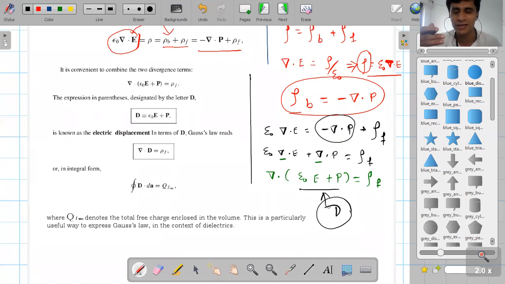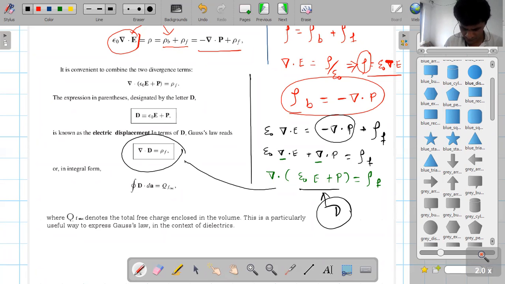What is P? Polarization. So the term in the bracket is referred to as the electric displacement vector, denoted by D, and therefore this equation can be written like this.